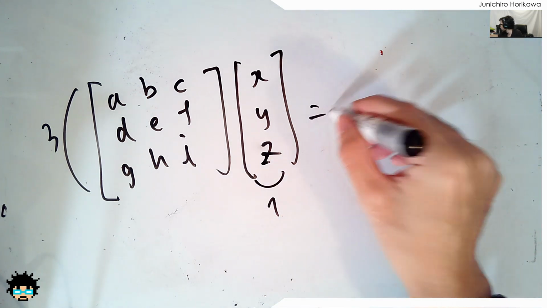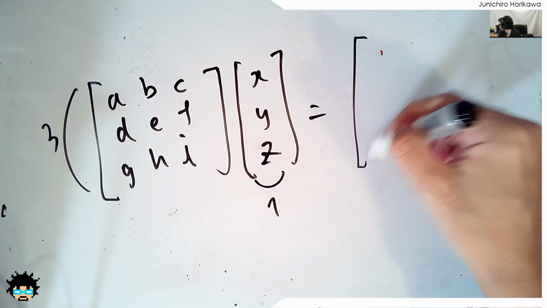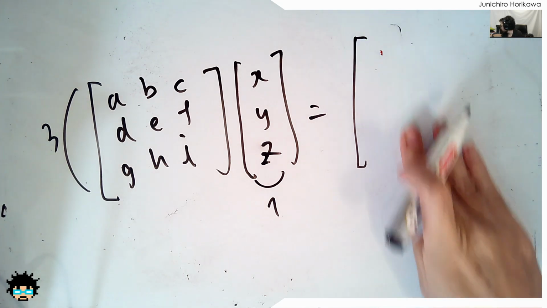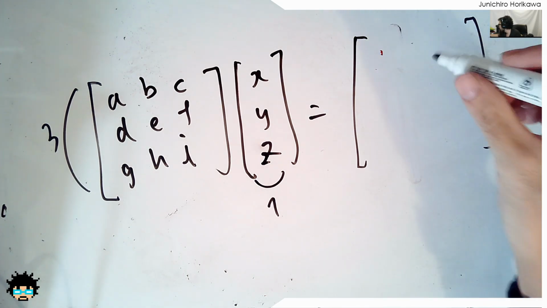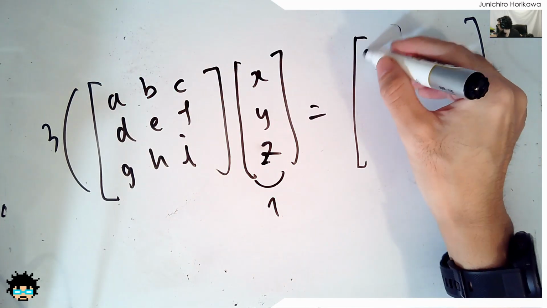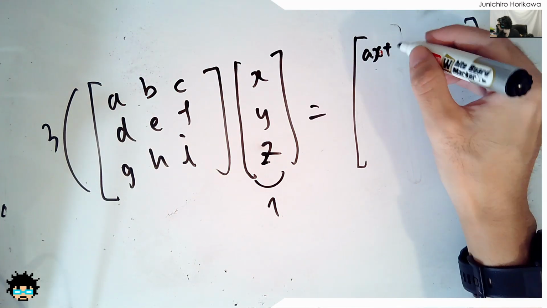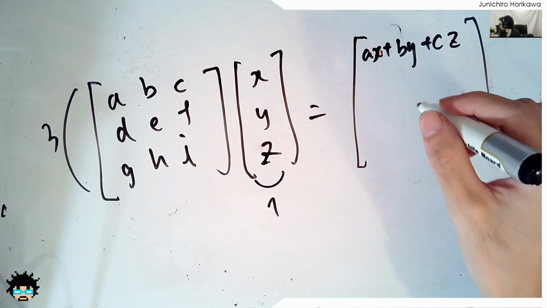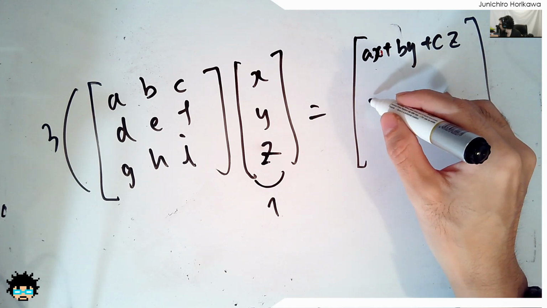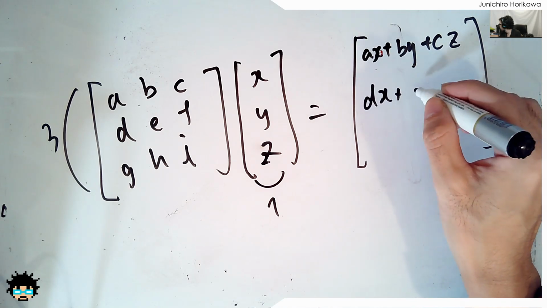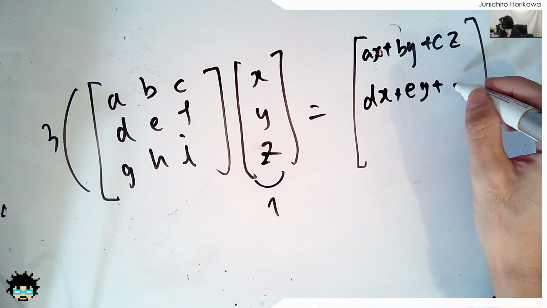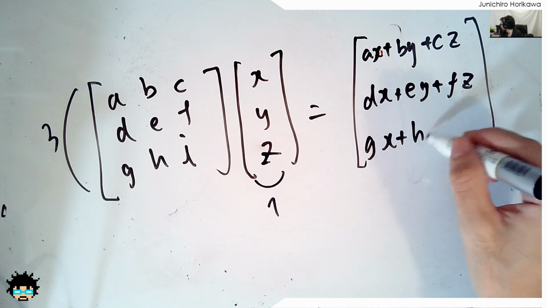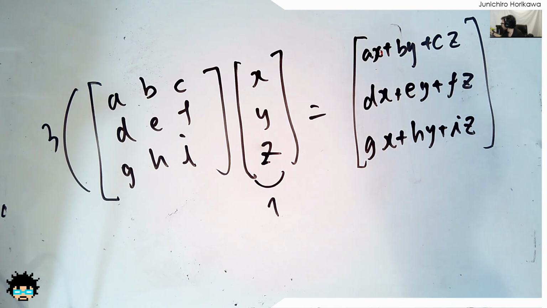So the result is a 1 by 3 matrix. And the calculation is ax plus by plus cz for the first row, and dx plus ey plus fz and gx plus hy plus iz.